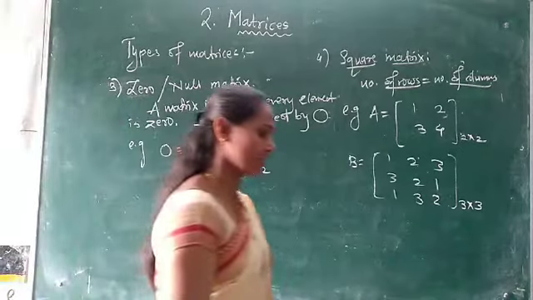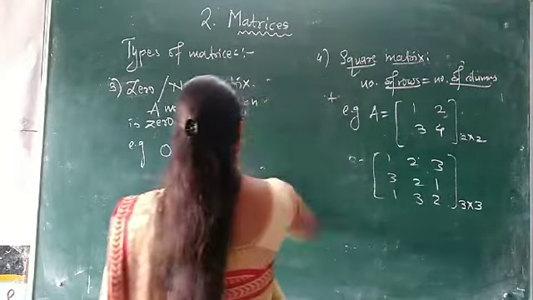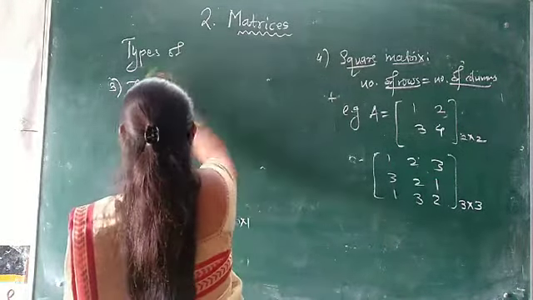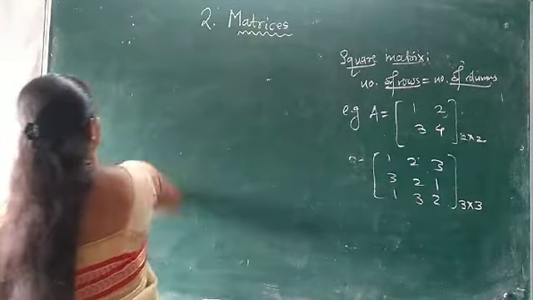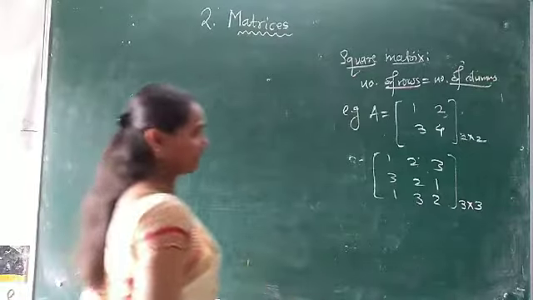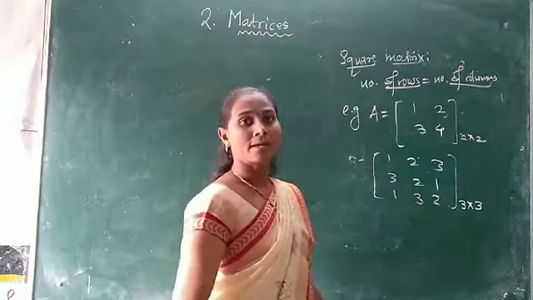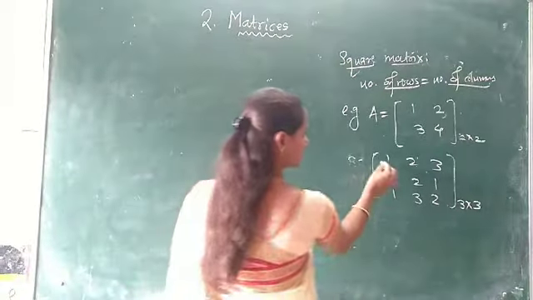Now the next one is a diagonal matrix. Remember that in a square matrix there are diagonal elements.